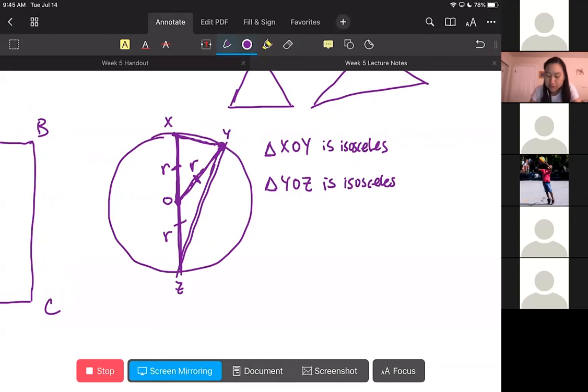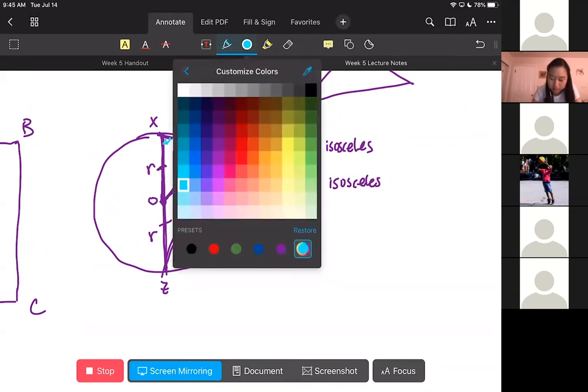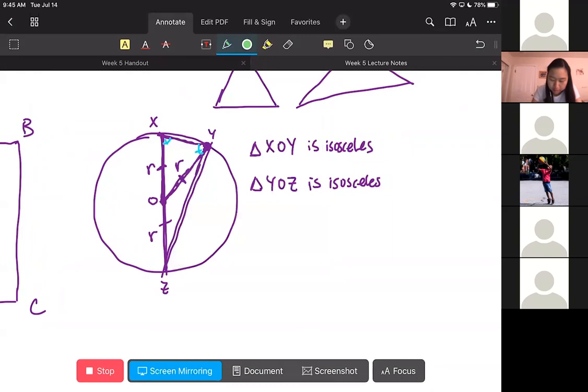And then what we know about isosceles triangles is that the angles are equal. So this angle equals this angle, right? And then I'll use a different color. This angle equals this angle. Does everyone see why that's the case?